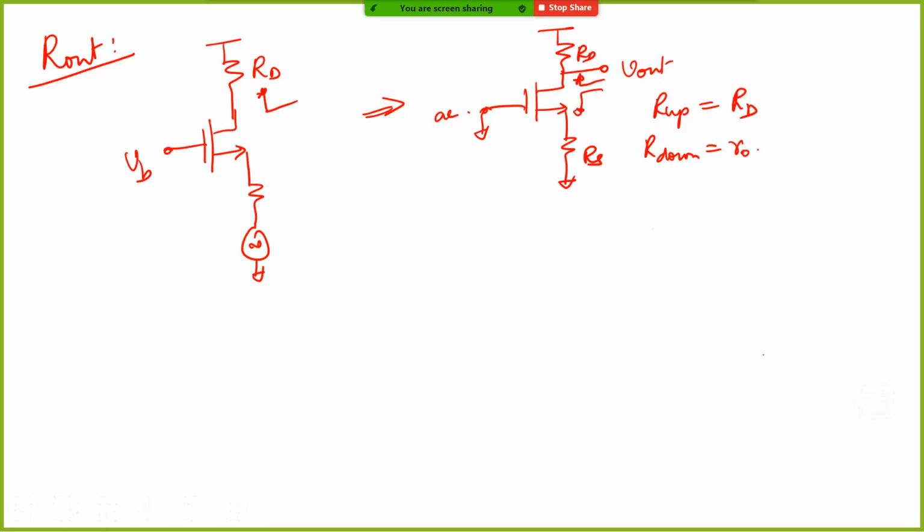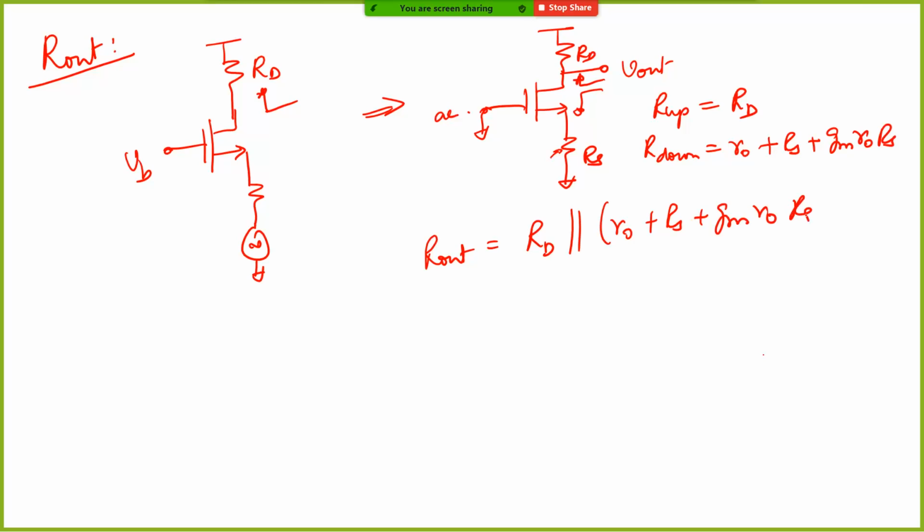It becomes R naught plus RS plus GM R naught times RS. So it's not only just the sum of these two impedances, it is this impedance getting magnified by the intrinsic gain of the transistor which is sitting there. So now R out basically becomes RD in parallel with R naught plus RS plus GM R naught RS.